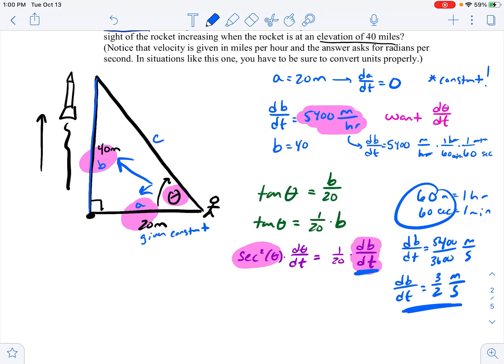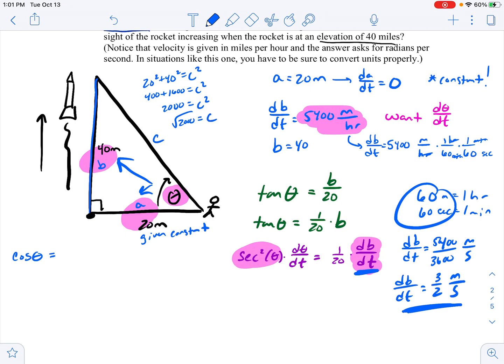We need secant squared. So again, we can go the route of cosine if we want. I'm going to show you 2 ways to do the secant squared value. Cosine, well, we need the hypotenuse here. So 20 squared plus 40 squared equals c squared. 400 plus 1,600. So c squared is 2,000.